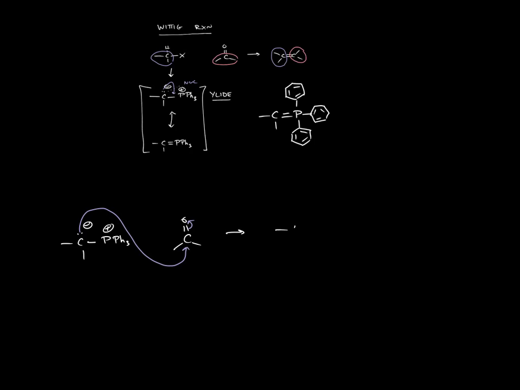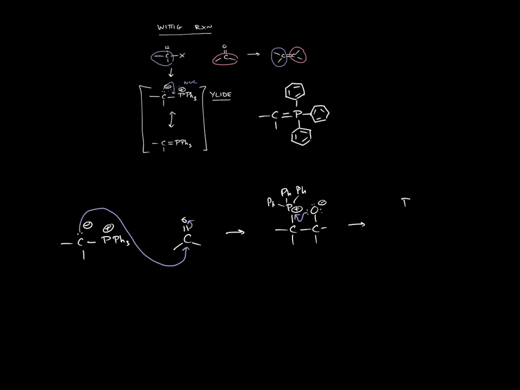That would give us a carbon with a PPh3 attached. So 3 phenyl groups. And that phosphorus would have a plus charge. And that would be right next to a carbon with an O minus. So negative charges and positive charges are attracted to each other, and indeed this O would make a bond to that phosphorus, making them both neutral.